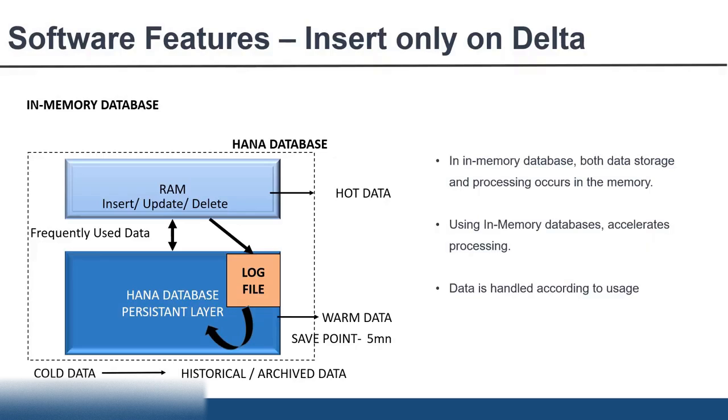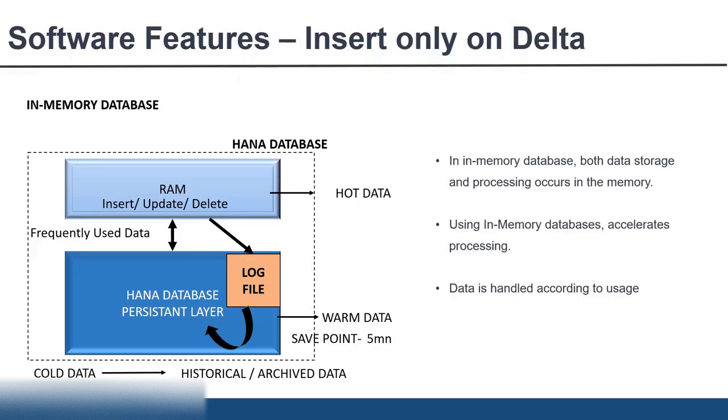I will quickly revise what I am saying. We are talking about a user who is working on sales order data. That is hot data which has been loaded into RAM, and now the user has started changing that data. The change will happen in RAM. However, the change will also get recorded in the log file, which is a part of the persistent layer.